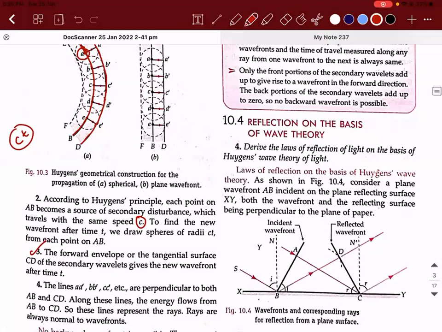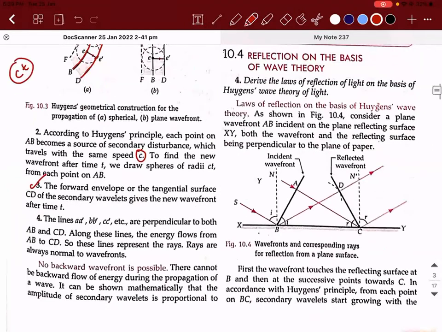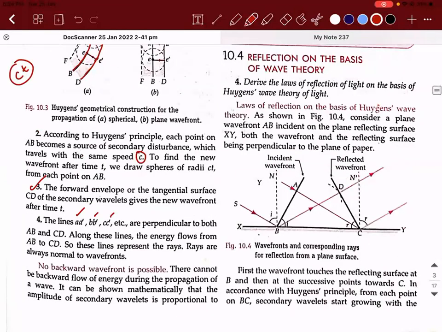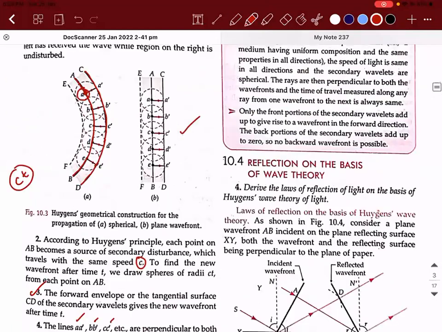Similarly, the lines AA', BB', CC' are all perpendicular to both AB and CD. Also, along these lines the energy flows from AB to CD. So these lines represent the rays, and we know that rays are always perpendicular to the wavefront.